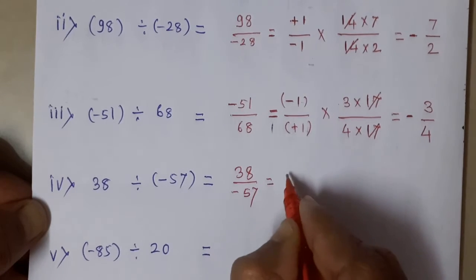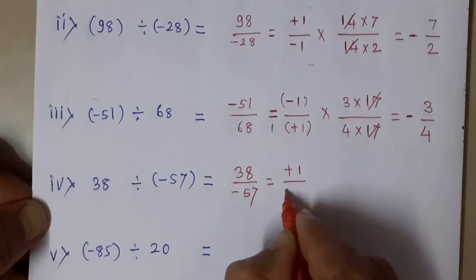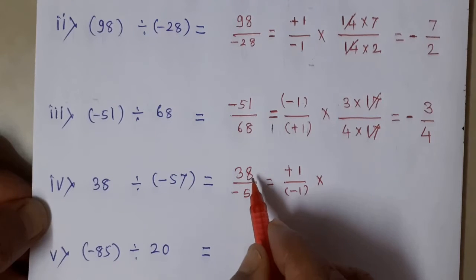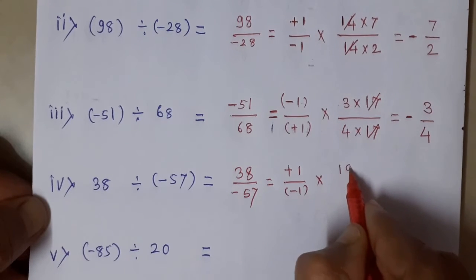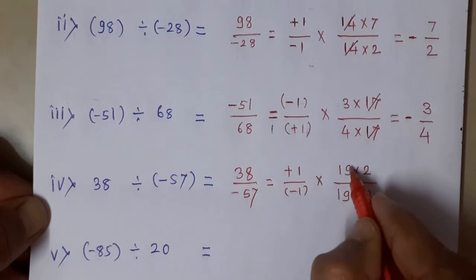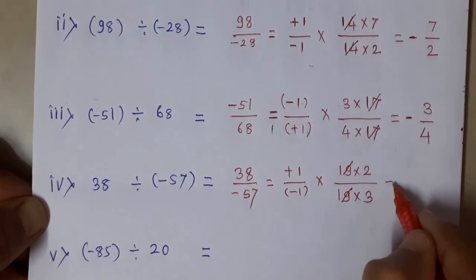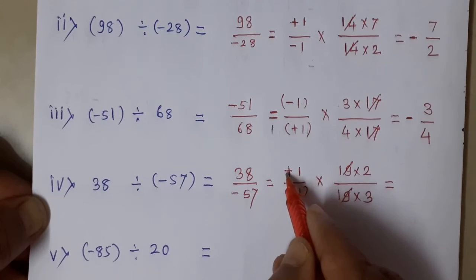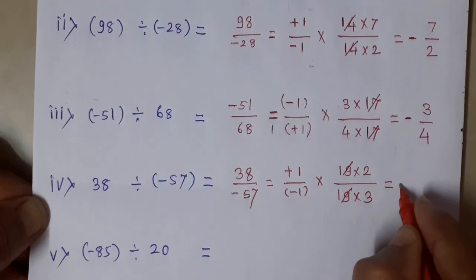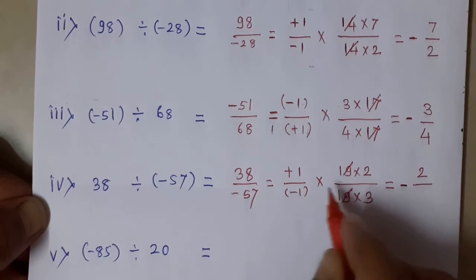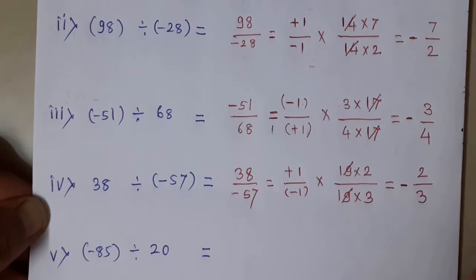I write it as positive 1 divided by negative 1, multiplied by 19 twos are 38 and 19 threes are 57. 19 is common, so I cancel it. Dividing a positive integer by a negative integer, the result is always negative. 2 ones are 2 and 3 ones are 3, so the answer is minus 2 by 3.